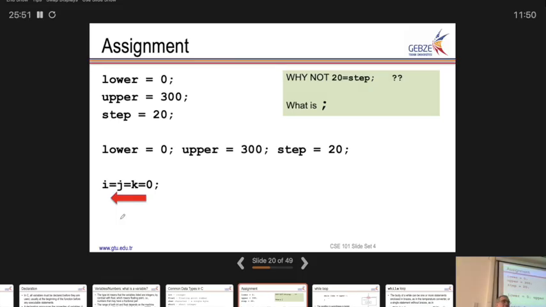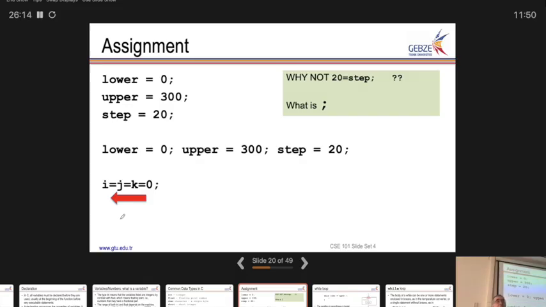Equality is taken differently in the C programming language. It's an assignment. It's not equality in mathematics. I said it before. I am repeating it. Assignment is different. Lower is equal to 0 means 0 is assigned to lower.